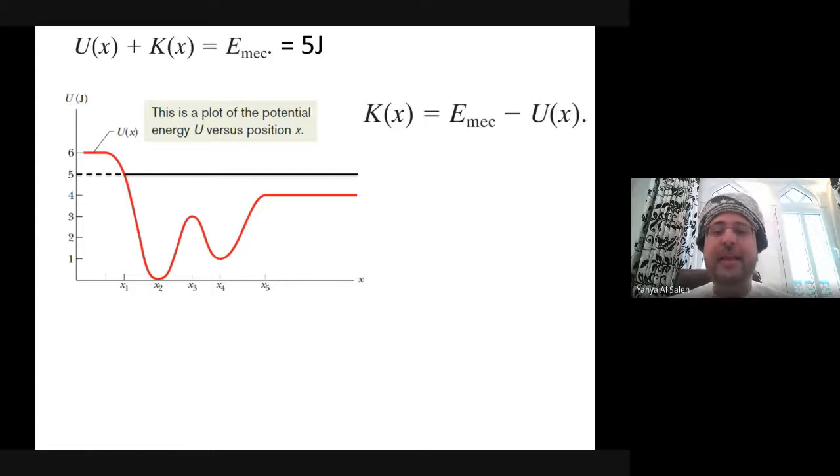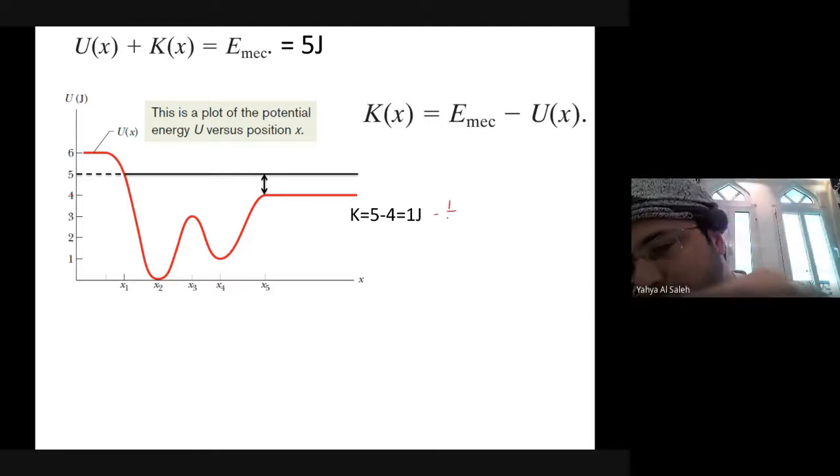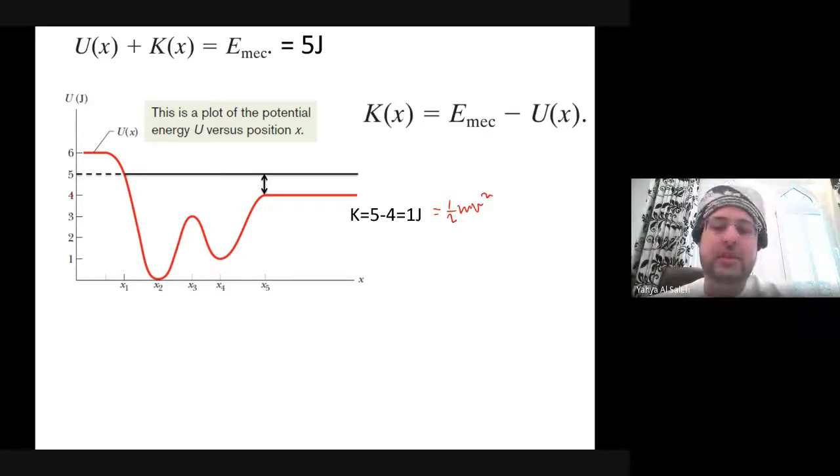Now my kinetic energy is my total energy minus my potential energy, which is the difference between these two lines. If I look at x5, my kinetic energy there is simply total energy 5 minus potential energy 4, so 1 joule. Then I can use this 1 joule to do half mv squared and find what my velocity is.